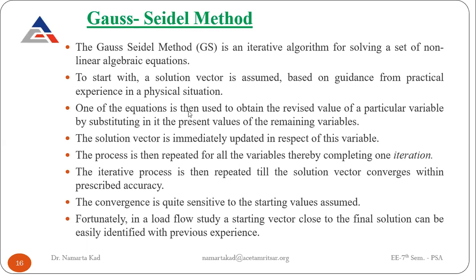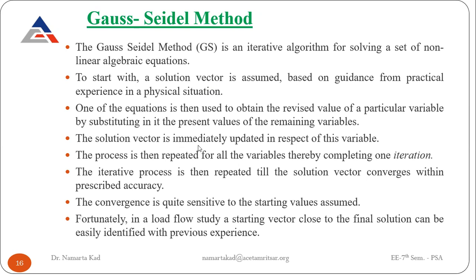One of the equations is then used to obtain the revised value of a particular variable by substituting in it the present values of the remaining variables. The values for admittance and other variables are given in the question, and the equations are solved. One equation is solved first using an assumed value for voltage or angle.